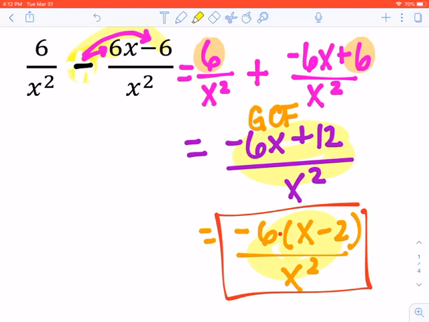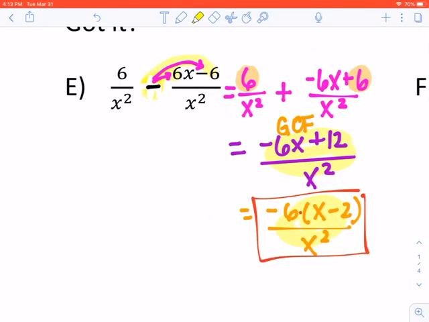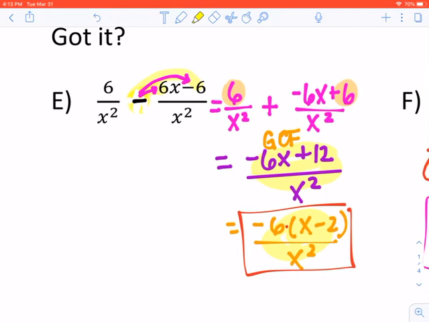So just be aware that if you don't see negative 6x plus 12, it's because maybe it's factored to negative 6 parentheses x minus 2, okay, or vice versa. All right, so make sure you understand that you might need to switch between the factored or non-factored form, okay? And again, that is with common denominators, okay?